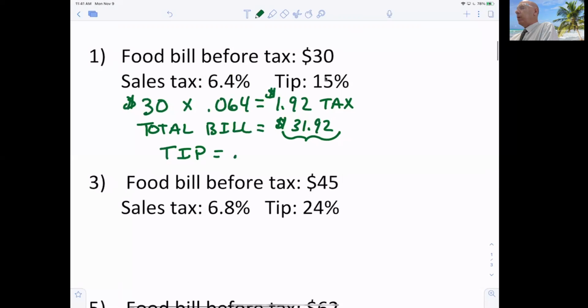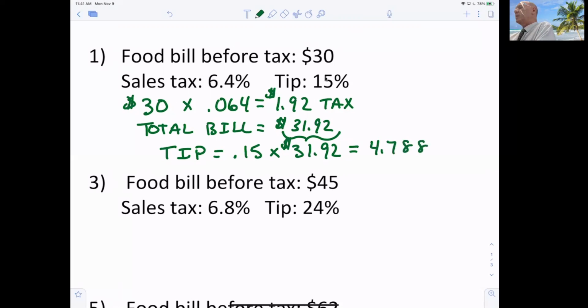Yes, so it's going to be 0.15 times what? Yes, everybody do 31.92. Tell me what that is. I'm listening. 4.788, right?